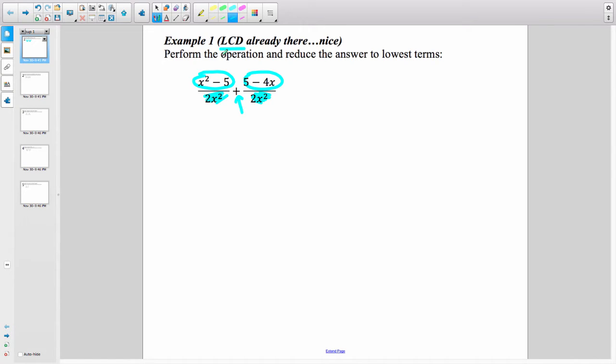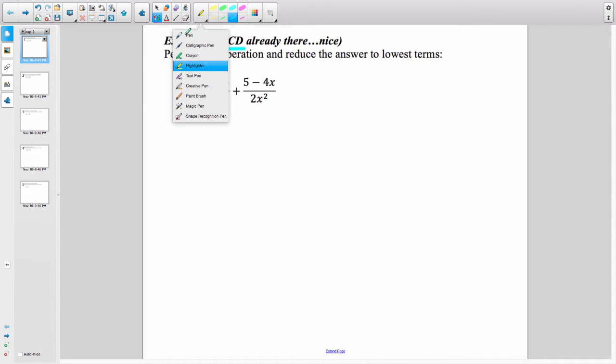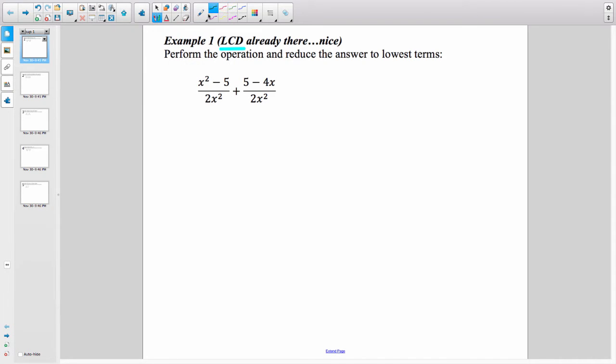Let's start with the first one, which is very easy because it already has a lowest common denominator of 2x squared. So I don't have to change anything. So I'll keep that the same, put it on the bottom. But now I'll operate on the top.